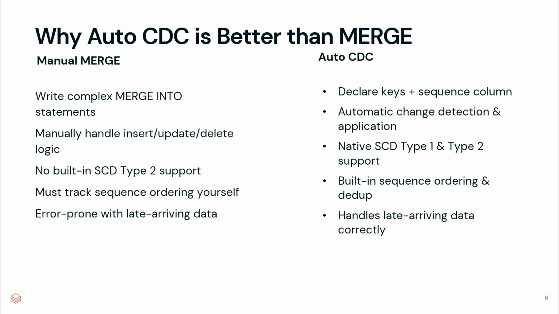It defines a sequence column, which then sorts your records for you, so it handles late arrivals and out of sequence data out of the box. And slow change dimension 1 and 2 is essentially just a parameter you define, so you don't even have to reason about it. You just need to say, I want SCD1 or I want SCD2, declaratively.